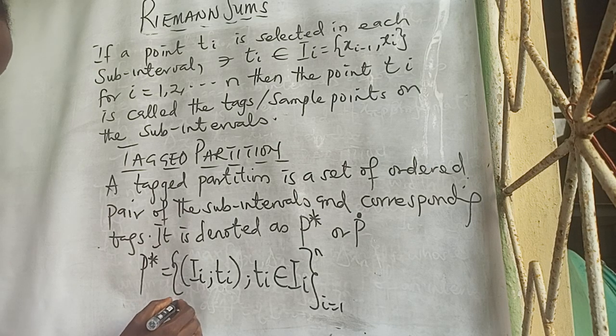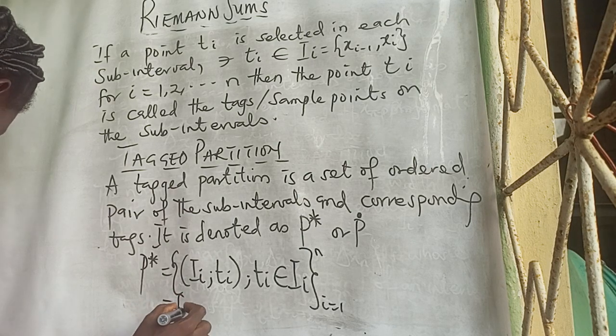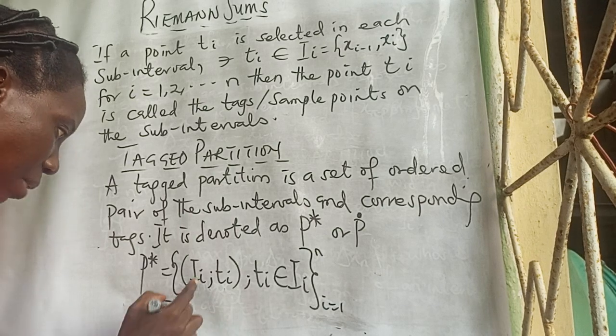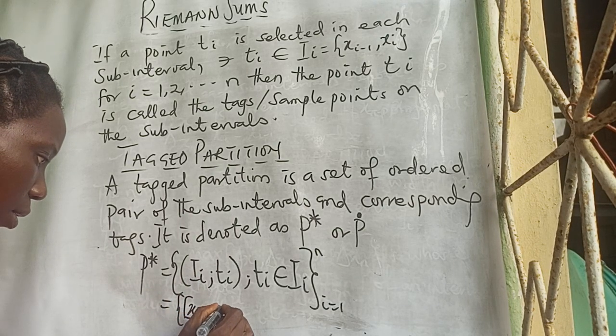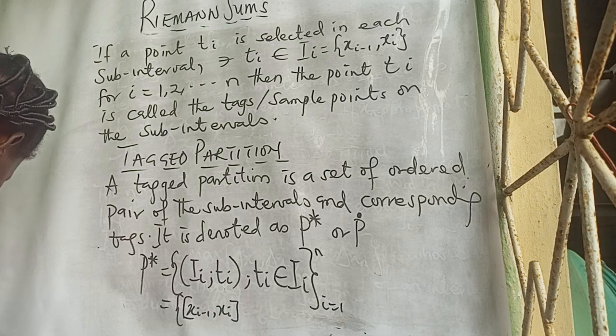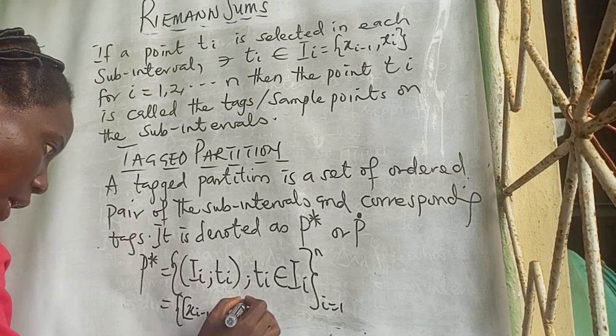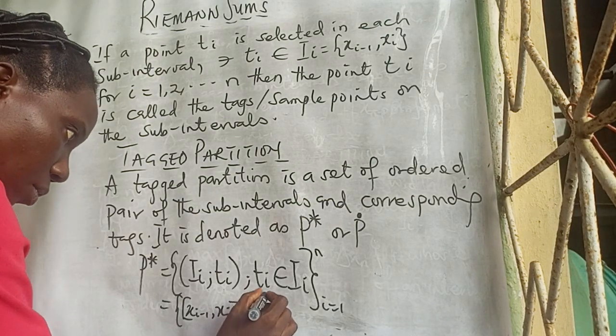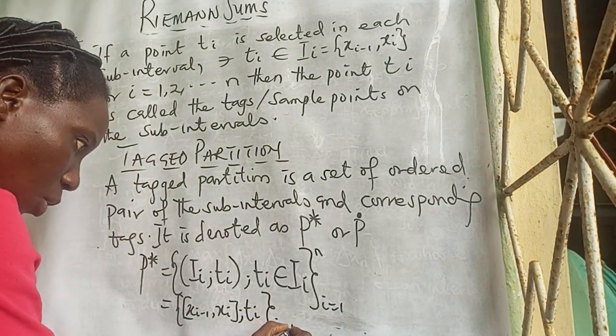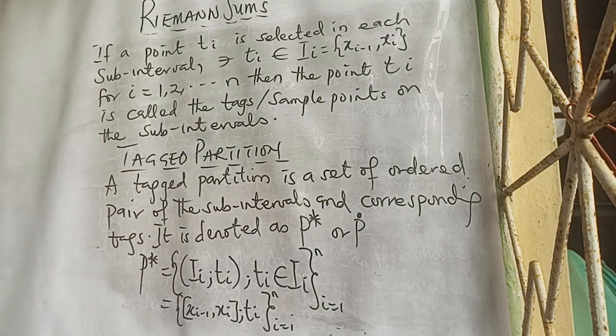And it is still the same thing as expressing our subinterval as x i minus 1 to x i with our tag t i from i equals 1 to n.